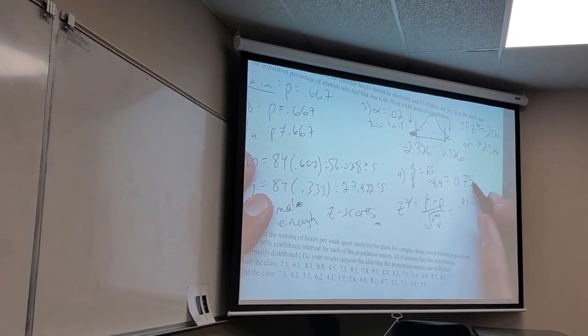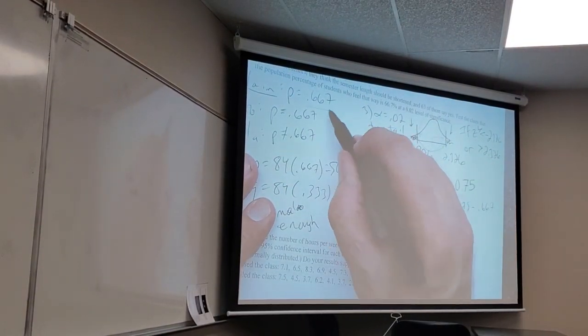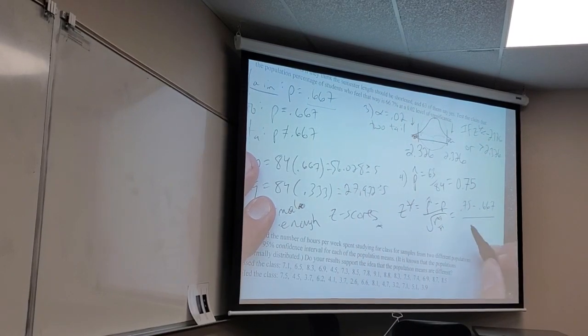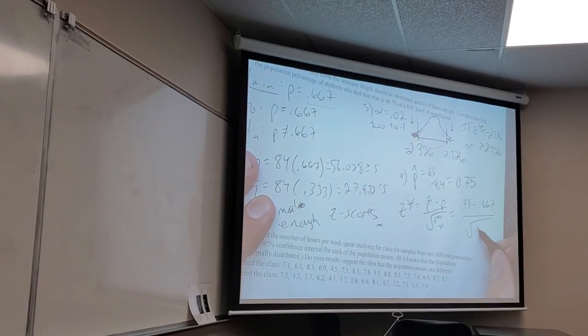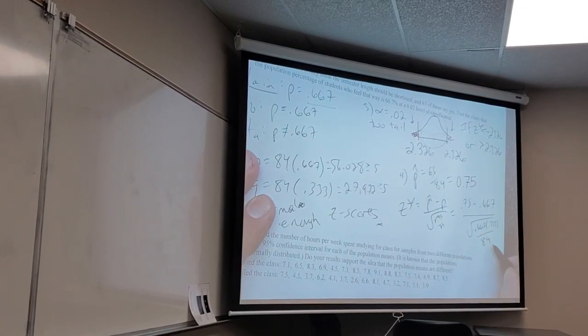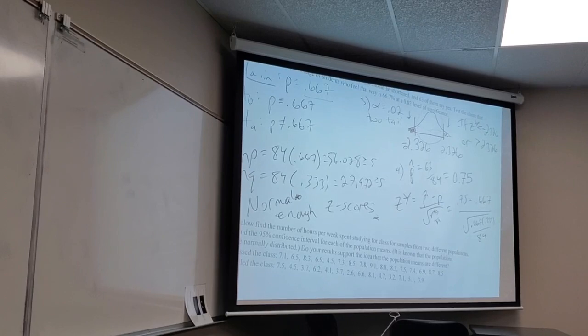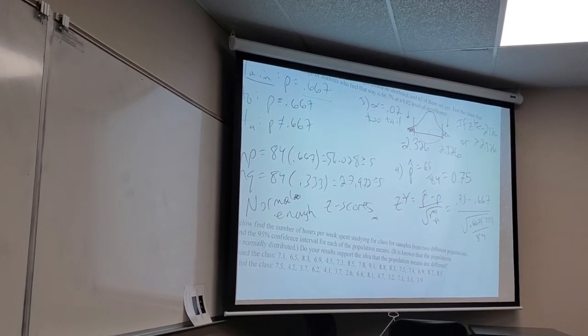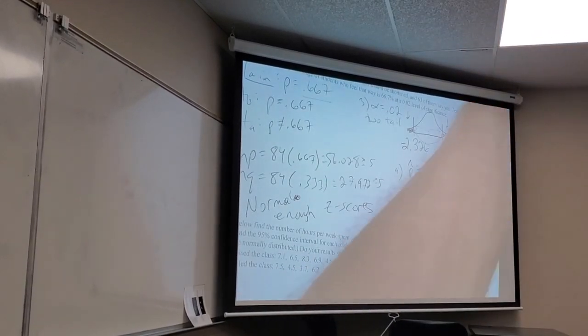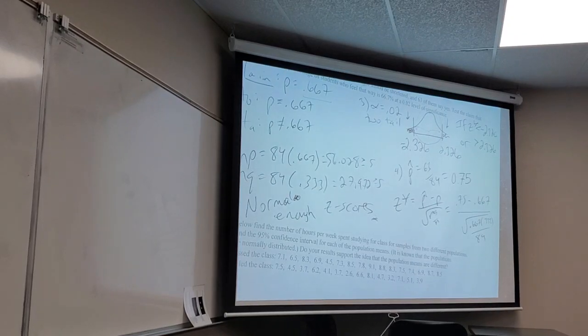So it's always our data minus the supposed middle, and then divided by the spread, which in this case is this weird thing. What was it, 84? That's a very small sample, by the way, so that explains why we get what we get here.